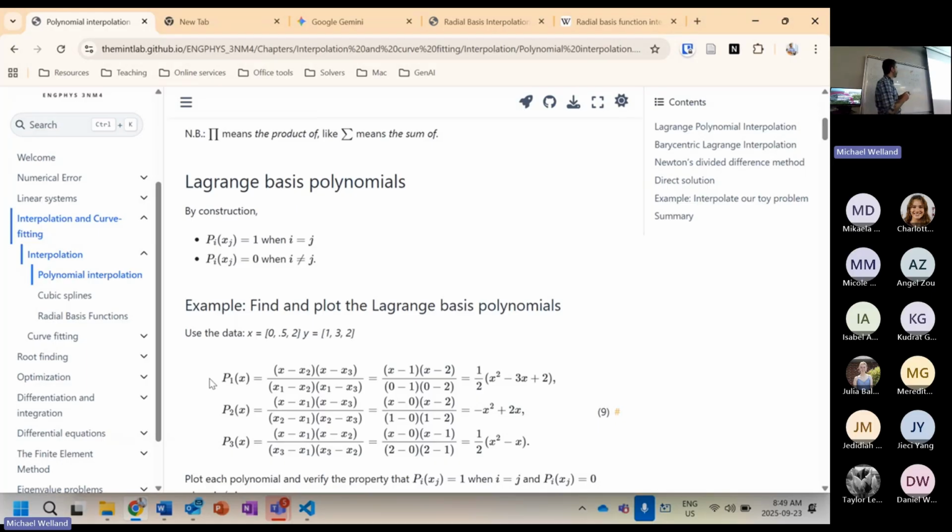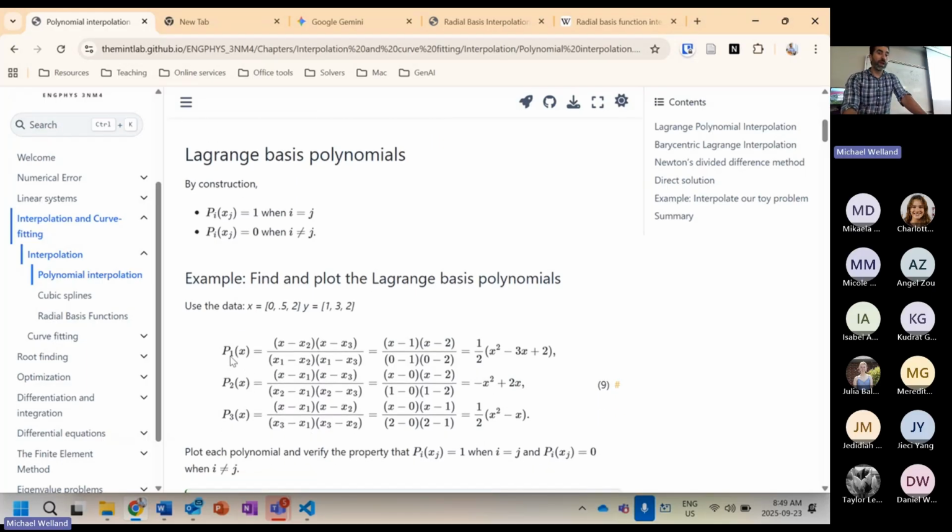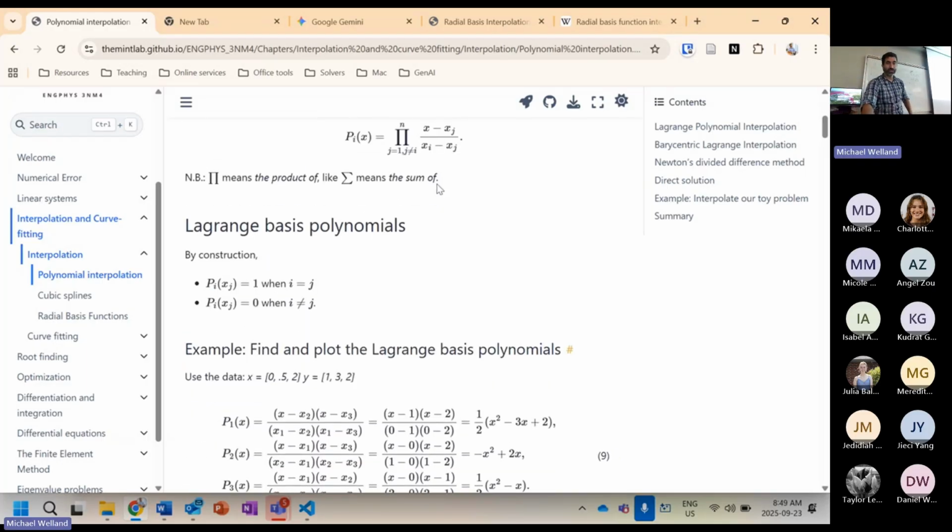For each one of these data pairs, x, y, related by this function, we're going to write out one of these Lagrange polynomials. The way we construct it is using this formula. If you rattle through it, you get x minus everything that is not i.